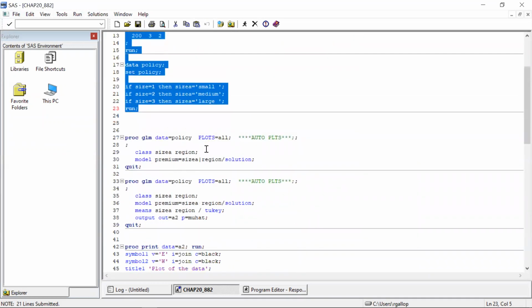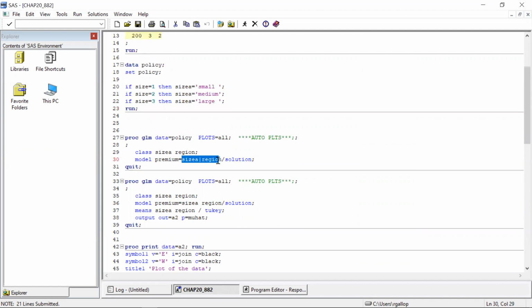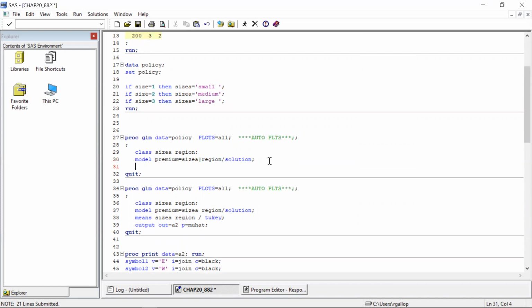Now if I decided to fit the two-way interaction, size, region: if you guys see this notation with the vertical line, realize that line is the same as this. They're exactly the same line.